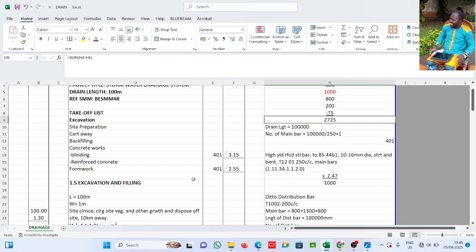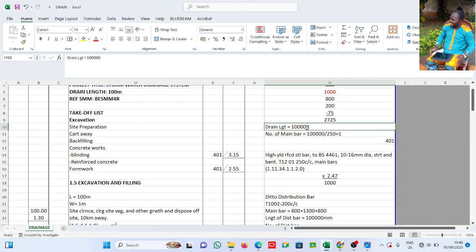All right, so it is now for me to put everything I've gotten into the dimension sheet. Now this is what I have here. How many numbers of that U bar or main bar am I going to have? My total length is 100,000 mm, which is 100 meters. If I divide by the spacing of 250, that's what I have here.